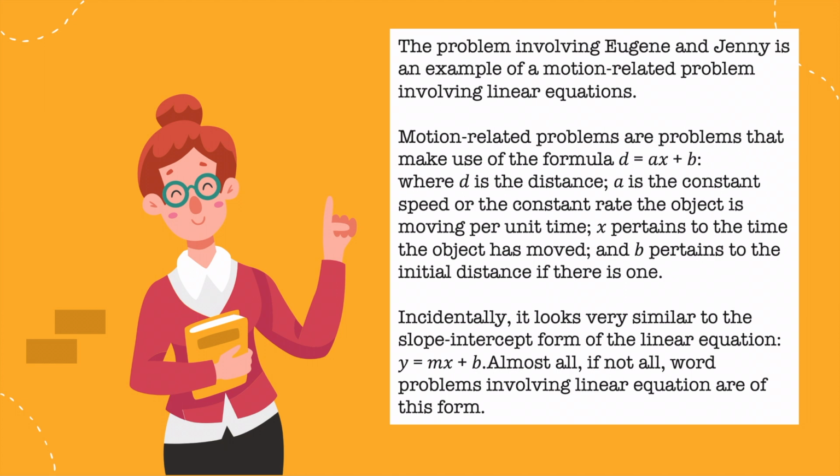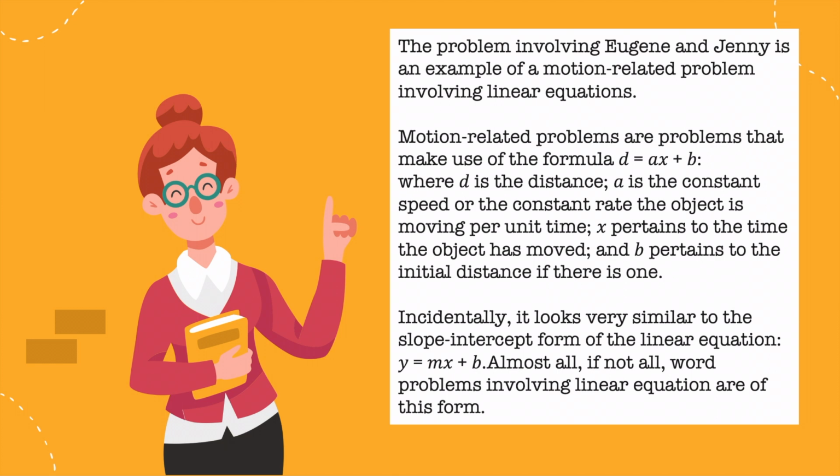The problem involving Eugene and Jenny is an example of a motion-related problem involving linear equations. Motion-related problems are problems that make use of the formula d is equal to ax plus b, where d is the distance, a is the constant speed or the constant rate the object is moving per unit time, x pertains to the time the object has moved, and b pertains to the initial distance if there is one.